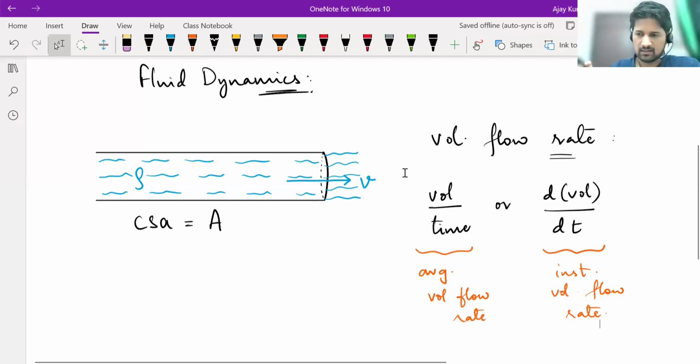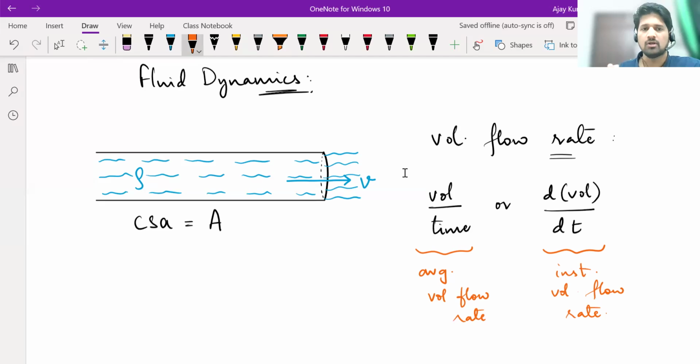I want you to think carefully and derive an expression for this. The fluid is flowing with a speed V, area of cross section is given, density is given. Actually, density is not even needed. I want you both to derive an expression for volume flow rate through that cross section A. You can visualize the cross section also. I am taking the cross section as the end of the tube.